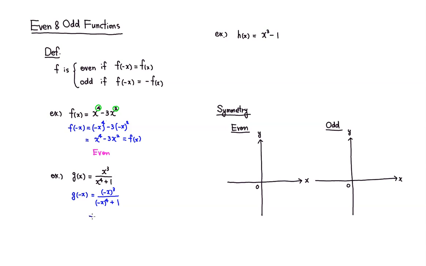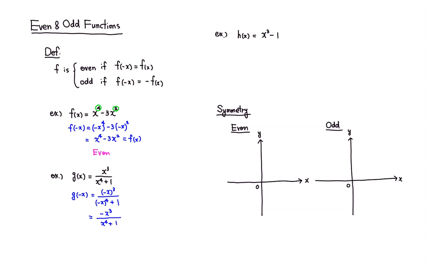So negative x cubed: negative 1 cubed is still negative 1, so it's going to be negative x cubed. And on the bottom, just like before, negative x to the fourth is x to the fourth, plus 1.